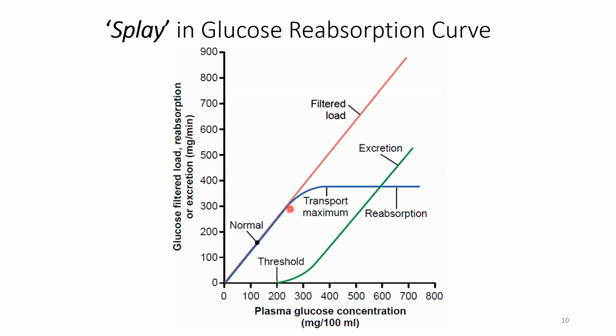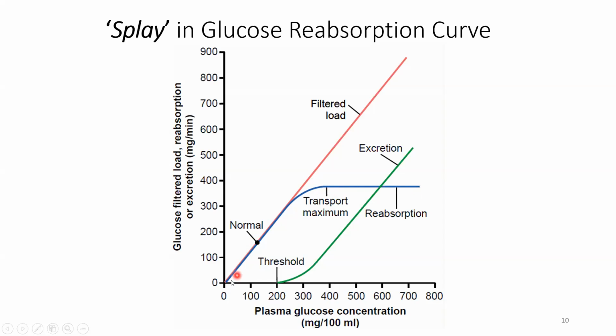As you see, it's now turning to the right, and there is this roundish thing, by the way, called splay. This is one of the ways of asking this question: why is there a splay in the reabsorptive curve of glucose? We'll talk about this. So there is a splay, the rounding of the curve, and then you have flattening of the curve. It flattens out.